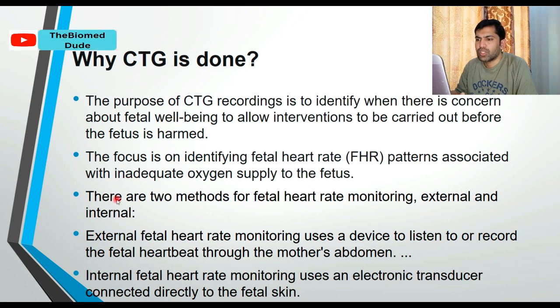There are two methods of fetal heart rate monitoring: external and internal. External monitoring uses a device to listen to or record the fetal heartbeat through the mother's abdomen. Internal fetal heart rate monitoring uses an electronic transducer connected directly to the fetal skin.